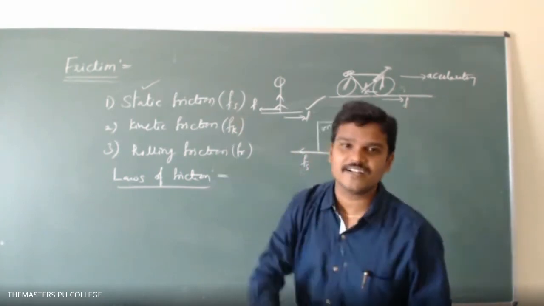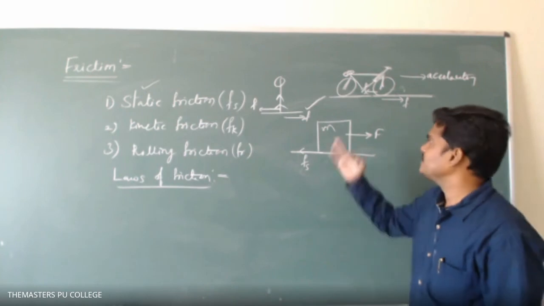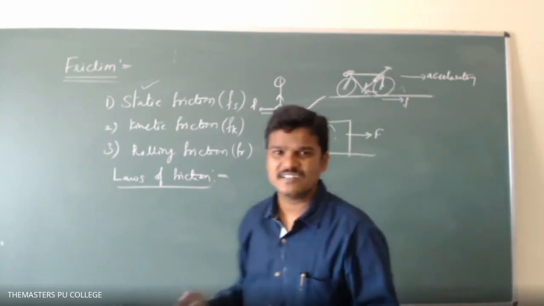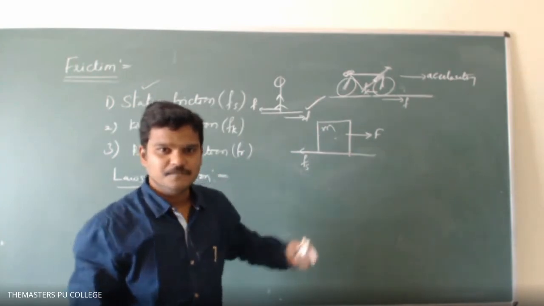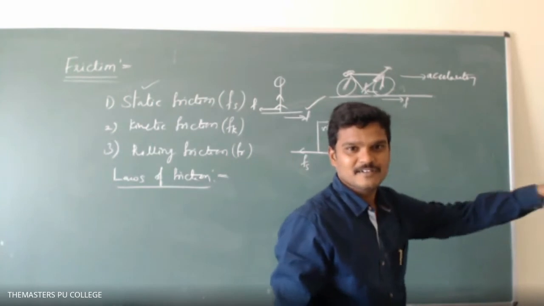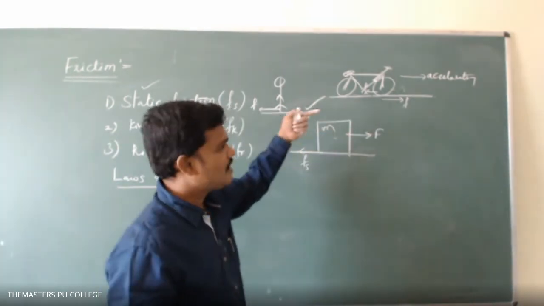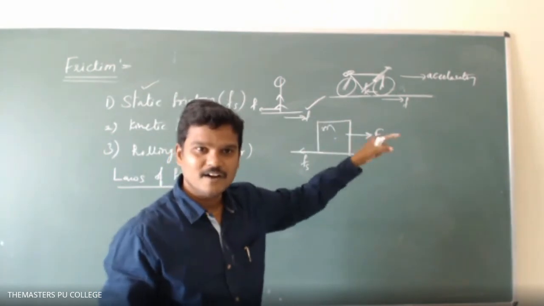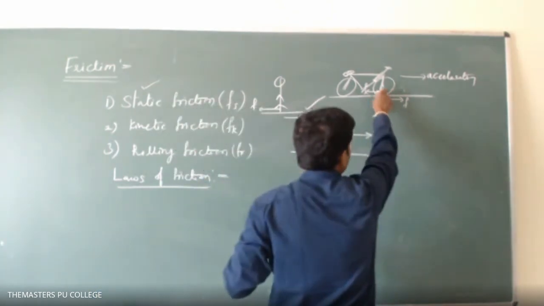If it is decelerating, it is opposite. I think you know the meaning of acceleration, deceleration, retardation. If you are running, the frictional force on the floor is in the forward direction. The cycle is also moving, so the frictional force on the floor is forward, on the tire it is backward.